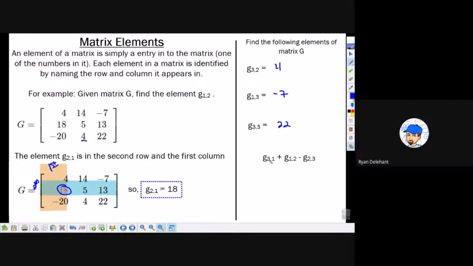So third row, first column. Third row, first column is -20. First row, second, that's our 14. And now we're looking second to the third, that's 13. Are you okay with that, or am I going too fast? And something like that, we would just add those together.